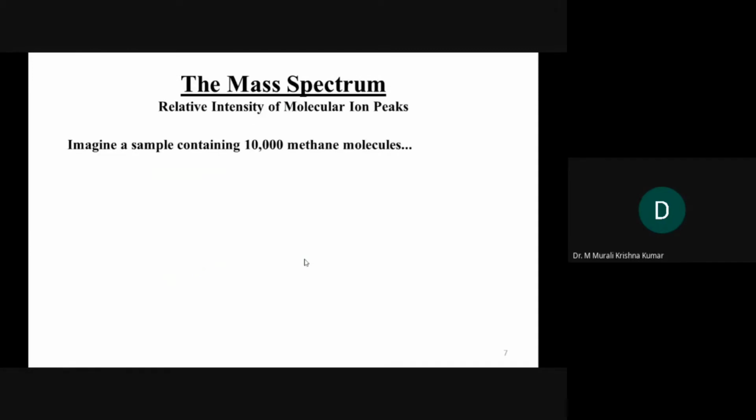How that can be understood is, let's say we have 10,000 molecules of methane. Now, how many 12C will be there? If you take into consideration the relative abundance of carbon 12, there are approximately 9,889 molecules of 12C.